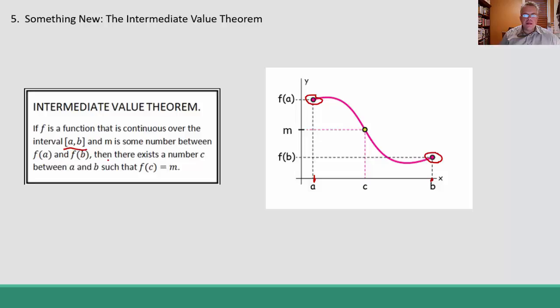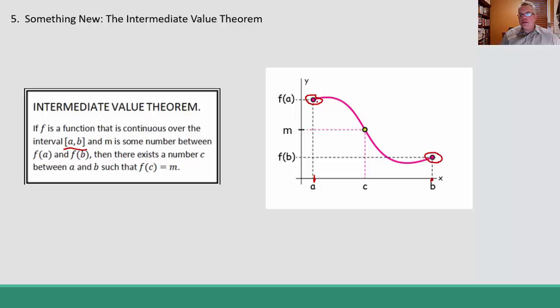That's what it says when it's saying, then there exists a number c between a and b such that f of c equals m. Since the function is continuous, think about drawing this function. It has to cross every value in between f of a and f of b at least once.